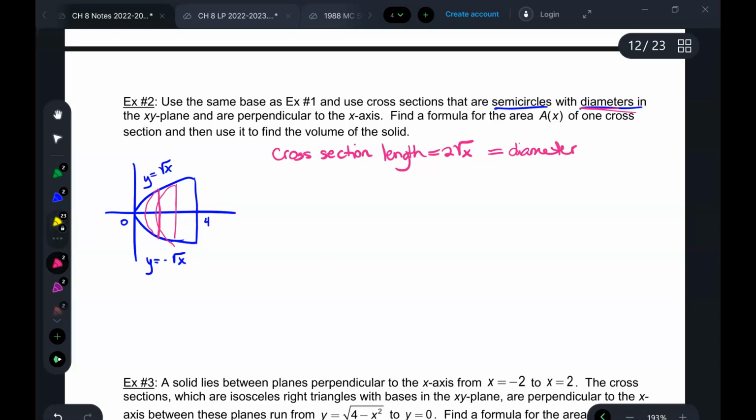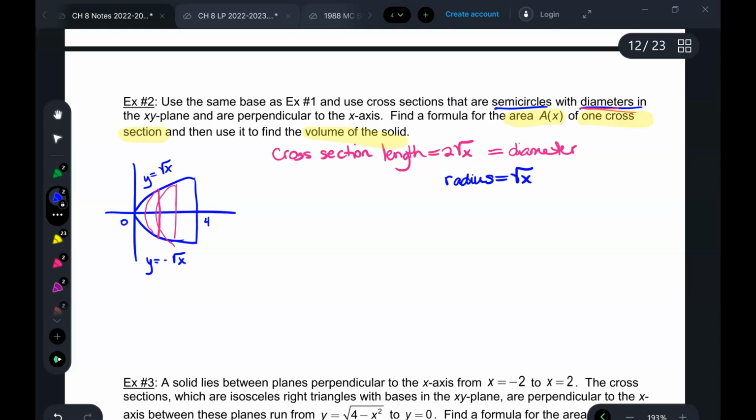Okay, so same question. We want to come up with an area formula of one cross-section and then find the volume. So if the diameter is 2 root x, then the radius would be just root x.